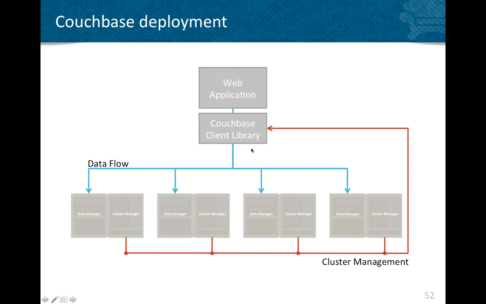And so every node is identical, which is what the smart clients use. This might be a typical deployment that you see: web app on the front, which might be an app server that talks to the client library, and then the client library has access to the cluster topology using the cluster map. So it can talk to any node in the cluster to get access to the cluster map.